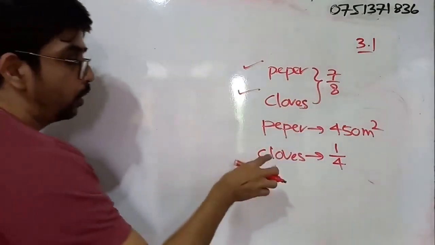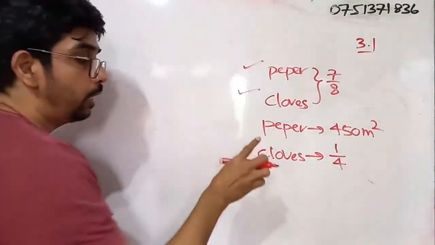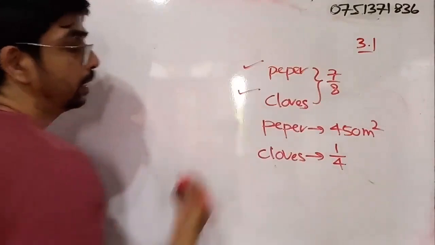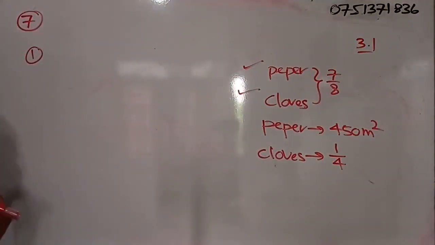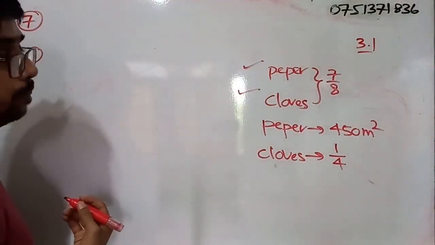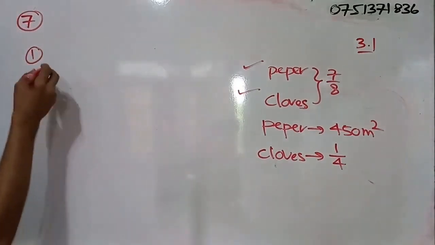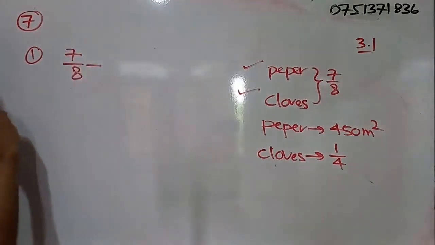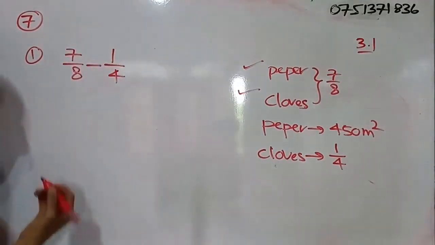We know the amount of land where only cloves has been cultivated. So by subtracting the values, we can get the amount of land where only the black pepper has been cultivated. So how do we find it? 7/8, we have to subtract 1/4.